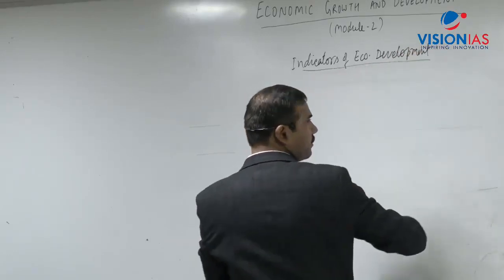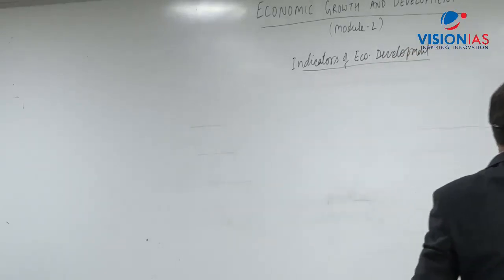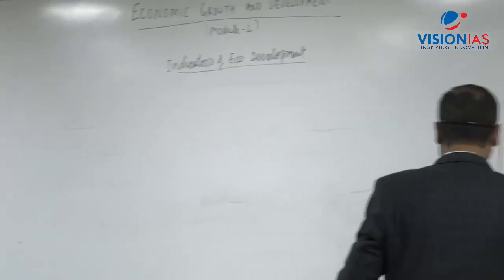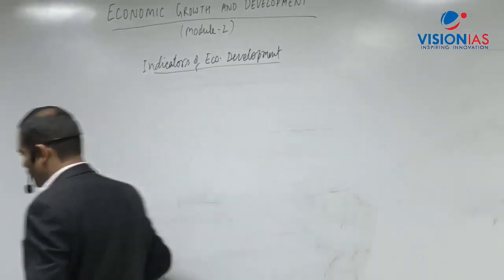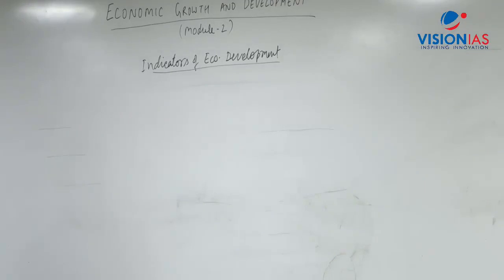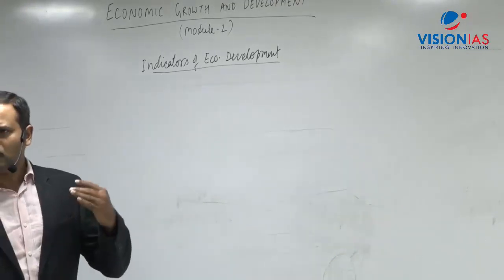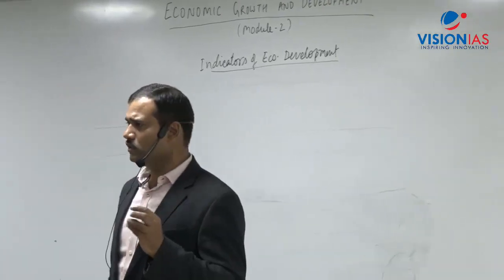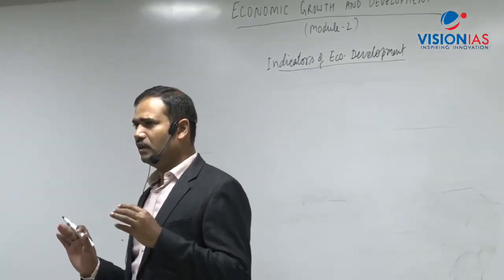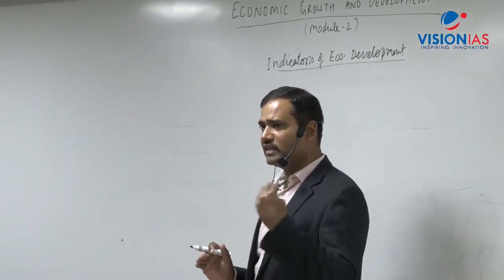Now we will discuss which is the most important indicator. HDI is most commonly used, but before HDI, I'll give you a brief idea about a few indicators before HDI.